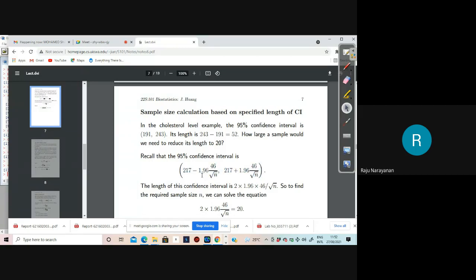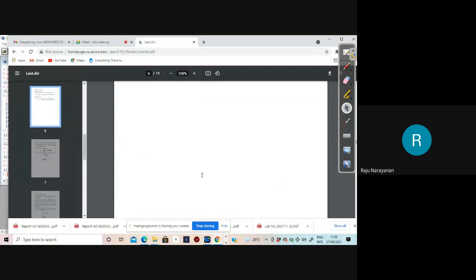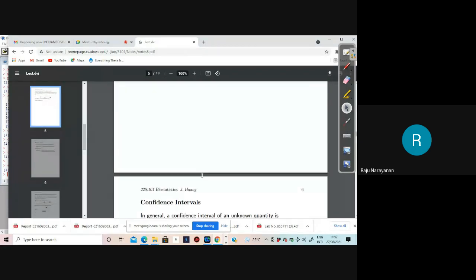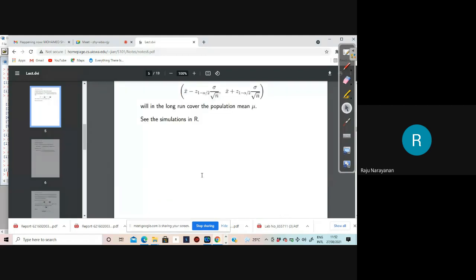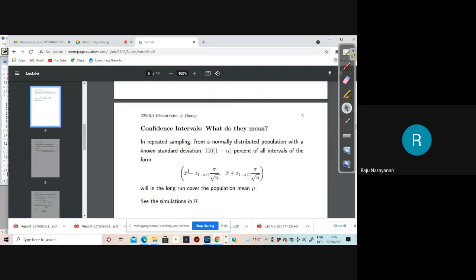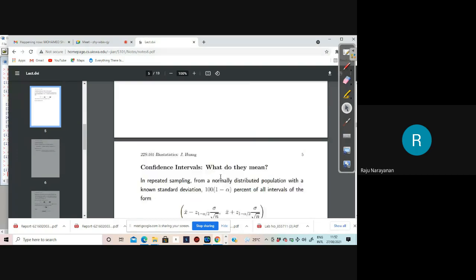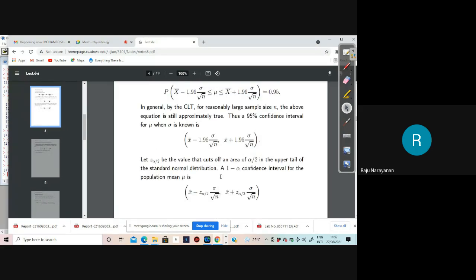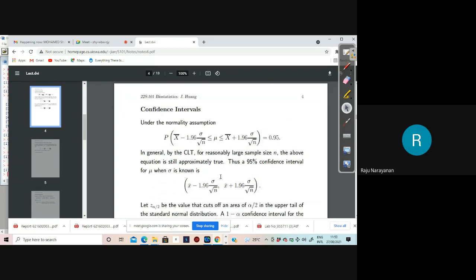You generate random observations x1, x2, etc., xn, and for each set of the same size, 50 observations or 100 observations, you generate this interval. Then you see how many such intervals contain this mu or not.